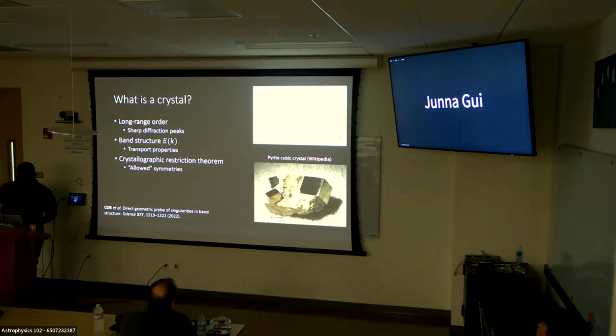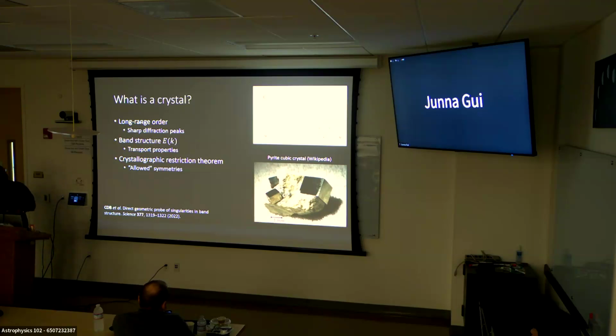Okay, so what is a crystal? This has become a really important question to me, and learning about what is a crystal and a little bit of stuff about group theory, I've learned that quasicrystals are quite interesting, okay? So what do crystals have? They have long range order.